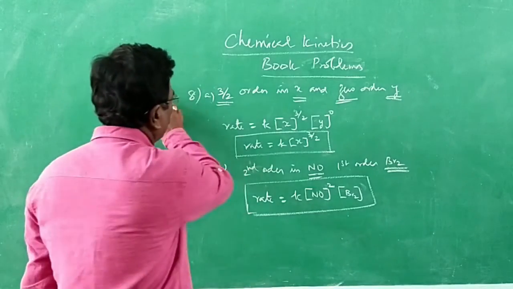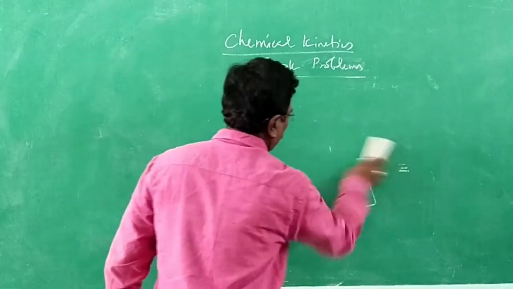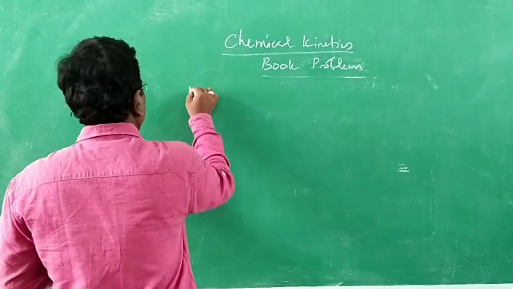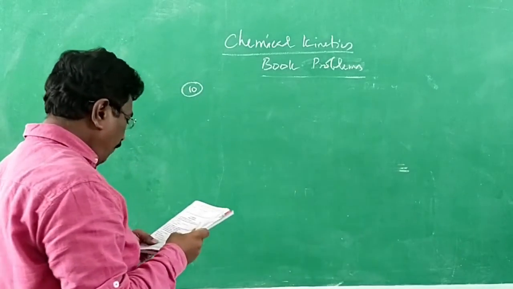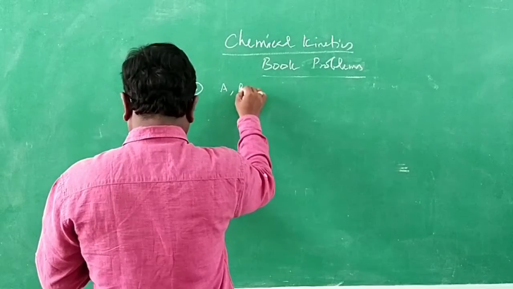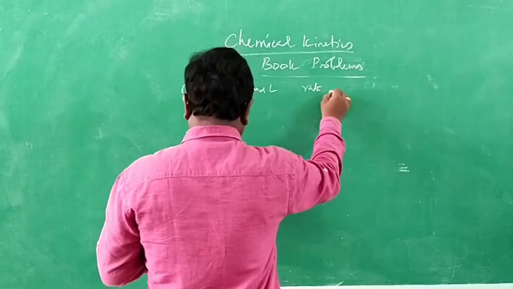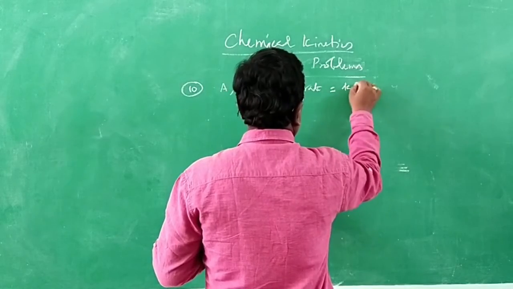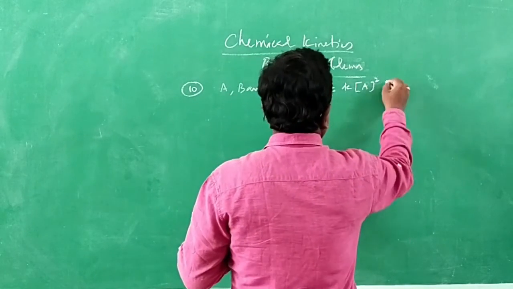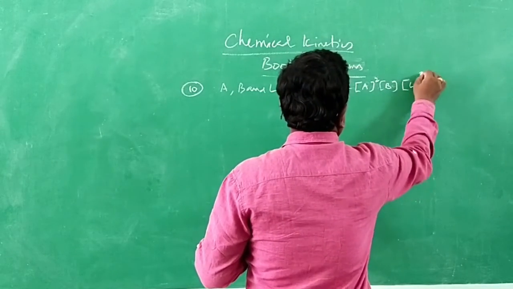Then the next question, that is question number 10. Question number 10 forms a sum, and therefore I am going to deal with question number 10. What is it? The rate law for a reaction of A, B, and L has been found to be: rate is equal to rate constant K into molar concentration of A square, molar concentration of B, molar concentration of L to the power 3/2.